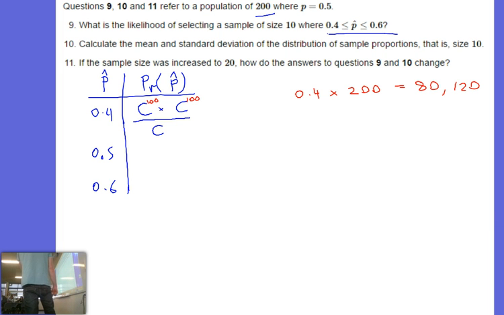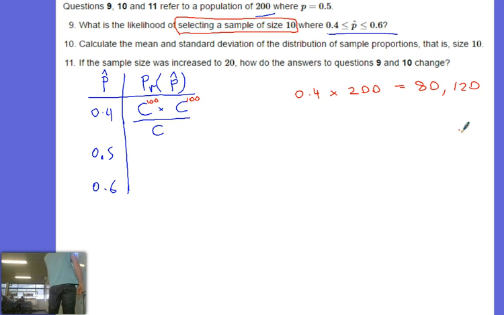Alright. Now, let's look at the size of the sample, of 10. So if we've got a sample proportion of 0.4, how would the sample distribute itself? So there's 10 in the sample.